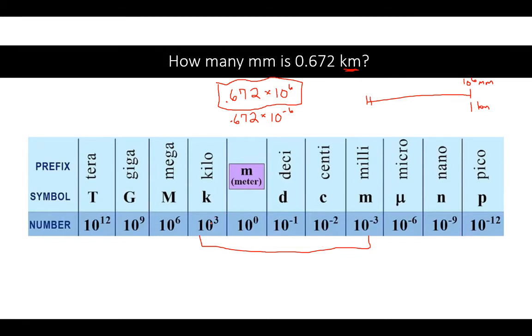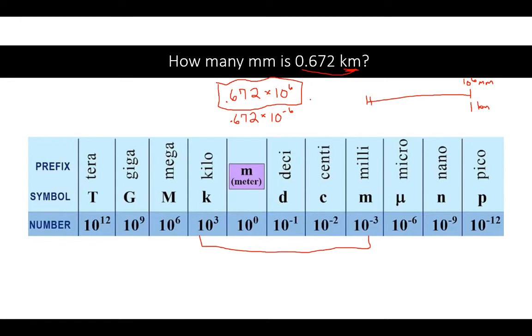A kilometer is 10 to the third times bigger than a meter, and a millimeter is 10 to the negative third times a meter. So a kilometer is bigger than a millimeter, which means that if we're converting this number into millimeters, this number is going to have to be pretty large.